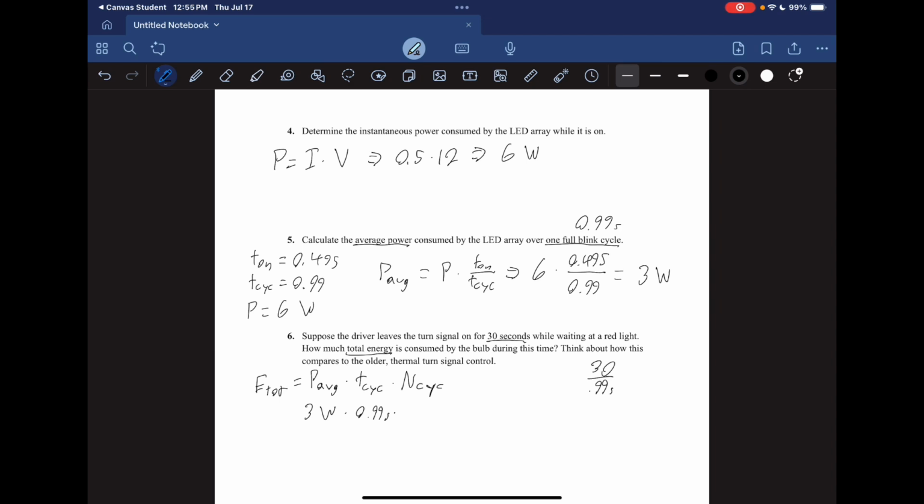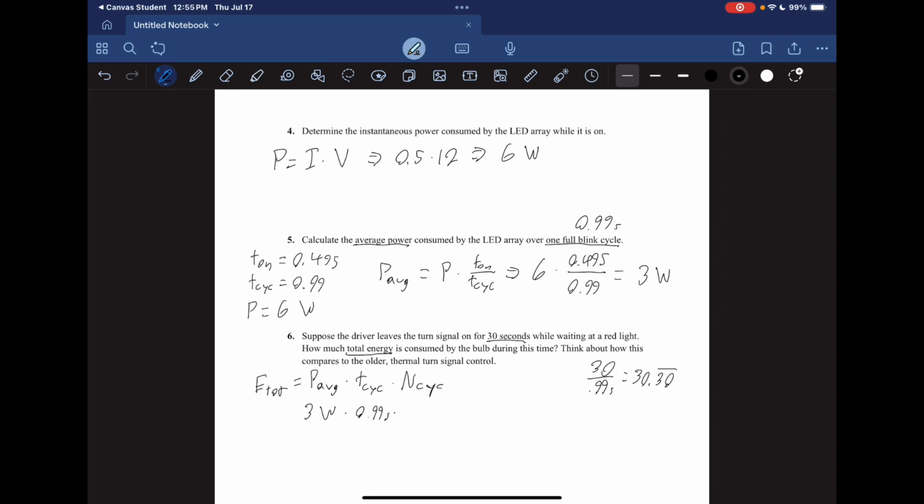So let me do that real quick. 30 divided by 0.99 is 30.30, and then this repeats on forever.